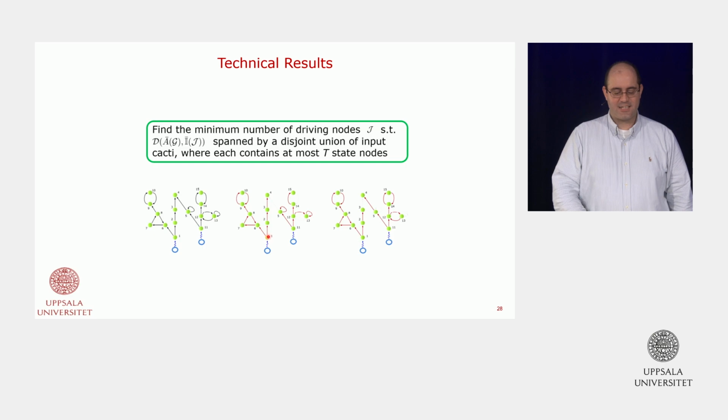Yet, this is due to the way I selected these input cacti. So I could take the same graph and clip it slightly differently. For instance, this node from here would be in these new input cacti, where now the stem is this one, and now we have these two cycles. And in this case, before it was 9 and 6, now it will be 8 and 7, which means that I can control the overall network within 8 time steps.